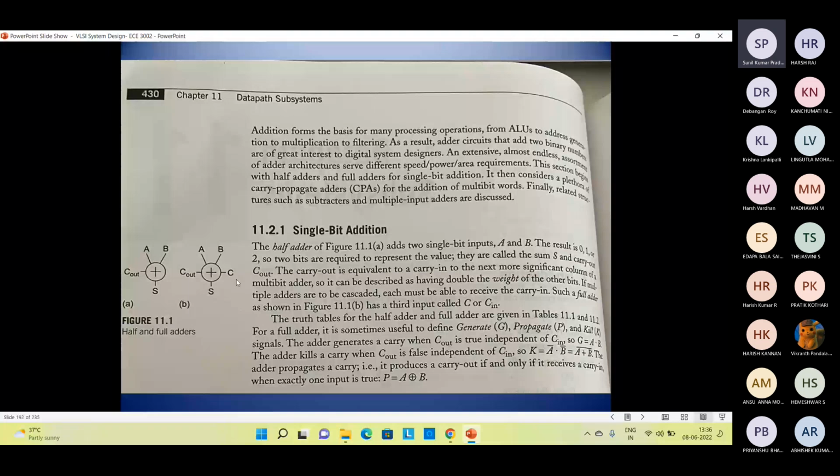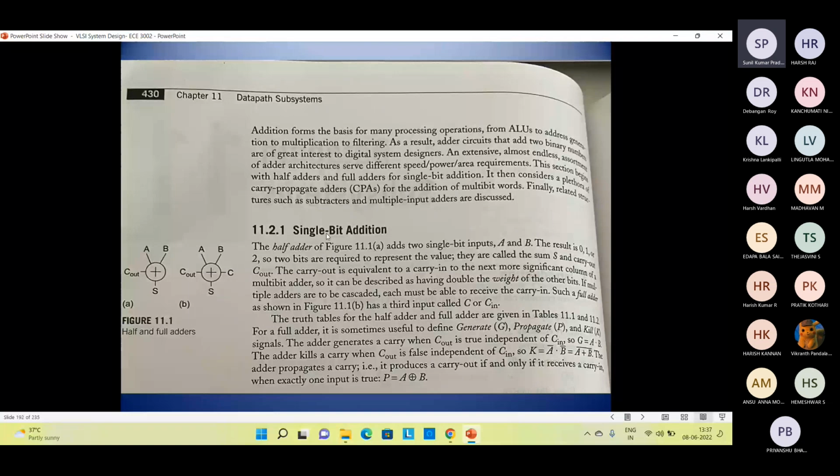In single bit addition, you can see the half adder in this figure, 11.11a, that adds two single bit inputs, input A and input B. As you know, the half adder has a sum and a carry out, C out. This half adder adds two single bit inputs, A and B, and the result is 0, 1 or 2.